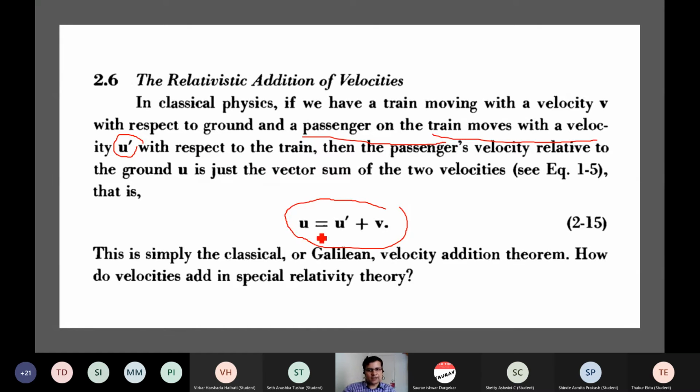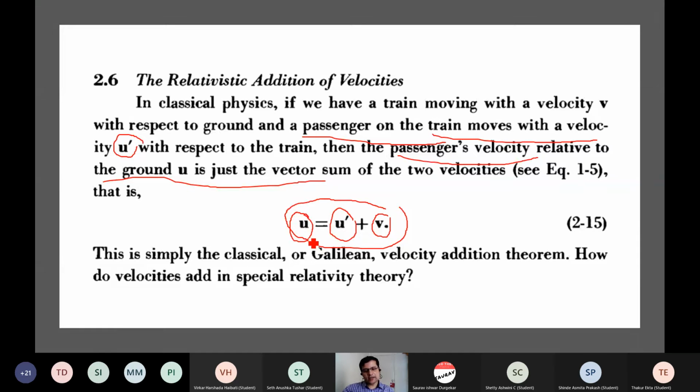But here in the example, we have to find out the passenger velocity with respect to the ground. So you just do the vector sum of the two velocities, because they are in the same direction. So u is the passenger velocity with respect to the ground, u prime is the train velocity with respect to the ground, and v is the velocity of the passenger with respect to the train.